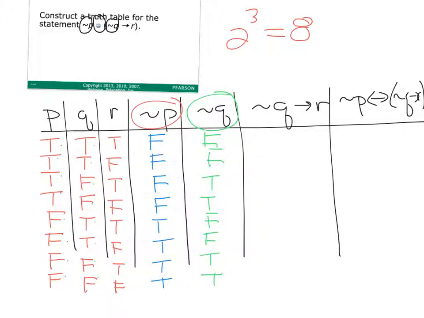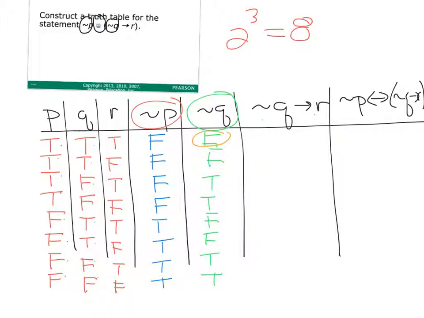To get if not Q, then R, you're going to have to first look at your not Q column, and then look at your R. And remember, the only time if thens are false is if you get a true false.